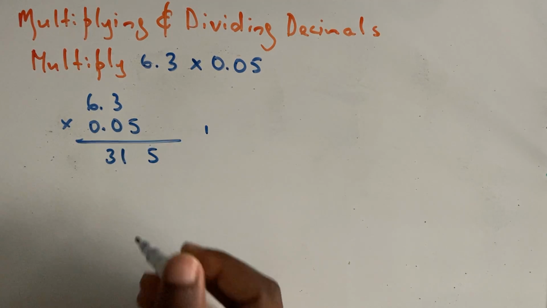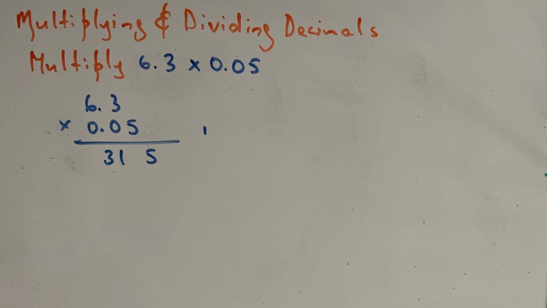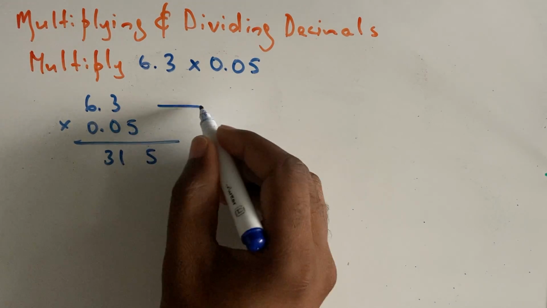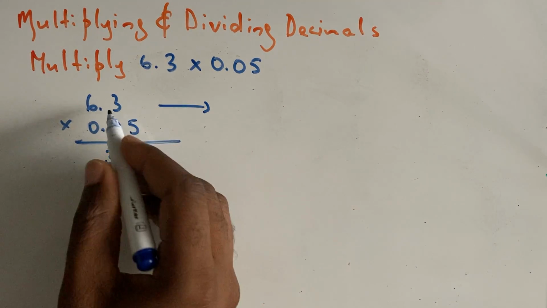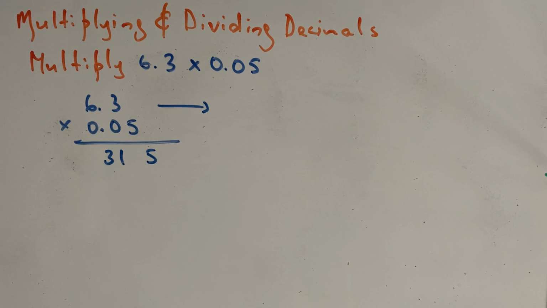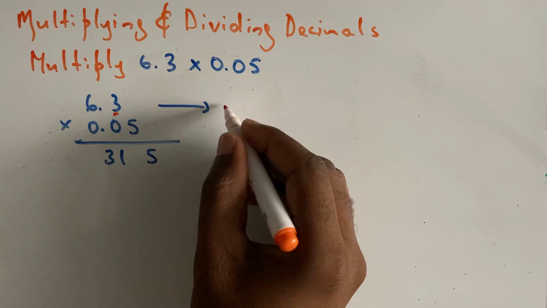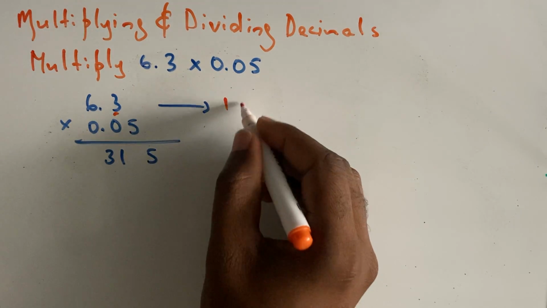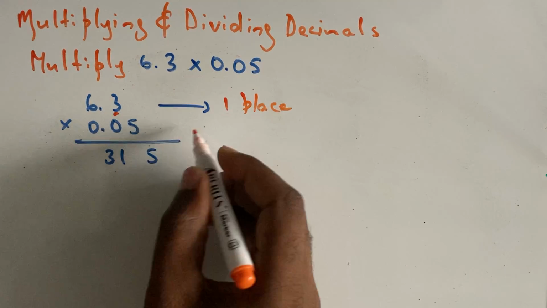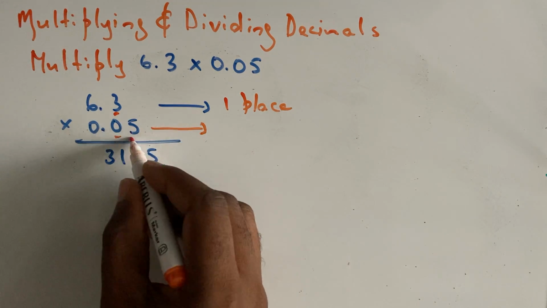Then you count how many places you see here. Remember from the first one. This is just one place after the decimal point. For the second one here, 2 places.